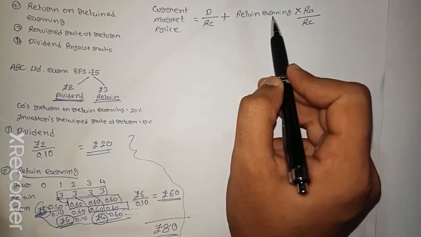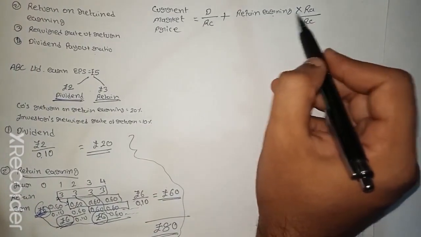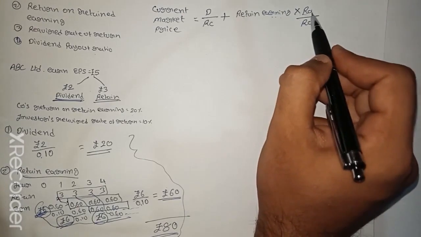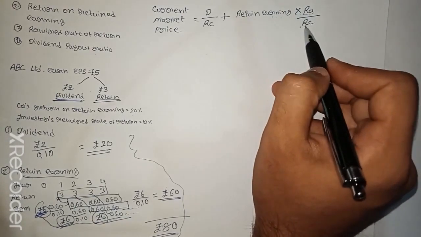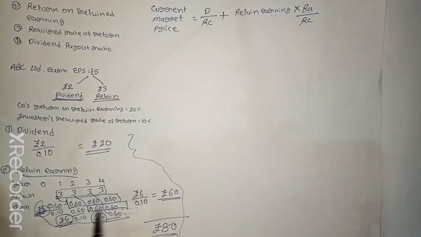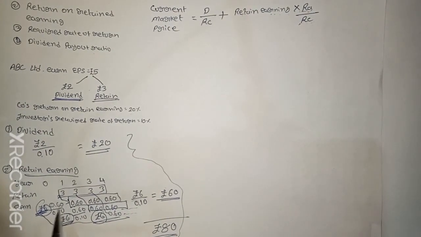Here it is 3 rupees. On that, how much will the company earn? 20%. And we need to capitalize it, means 0.10 as we did here, 0.60 divided by 0.10.